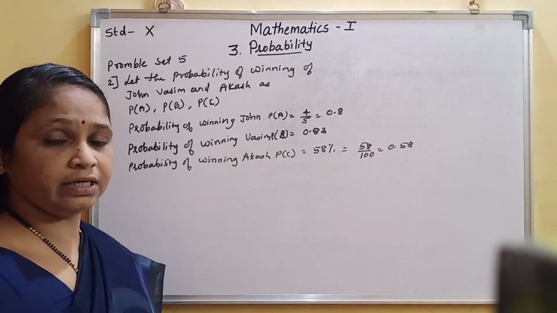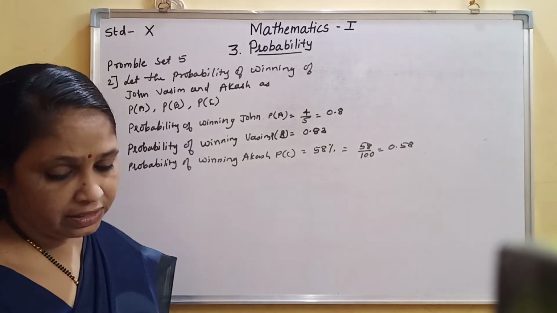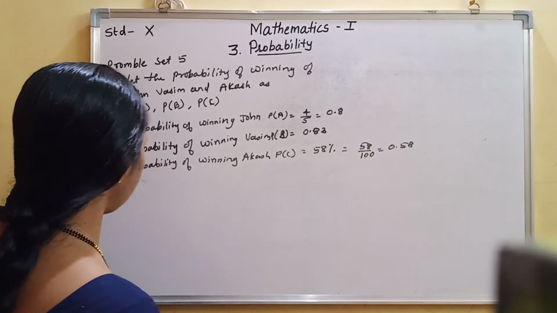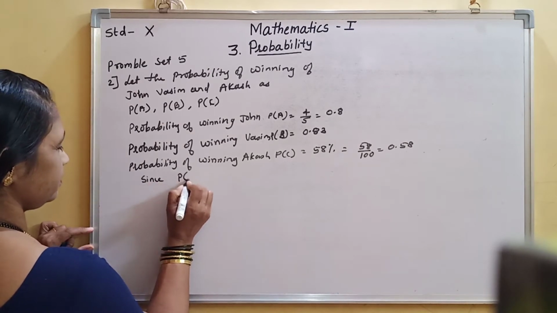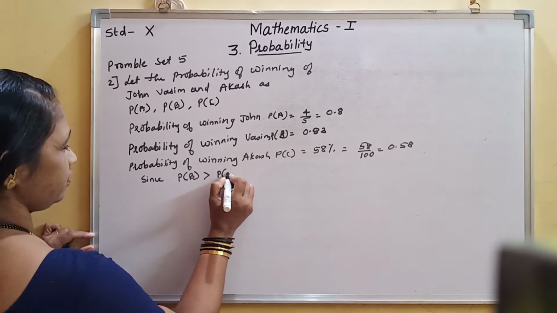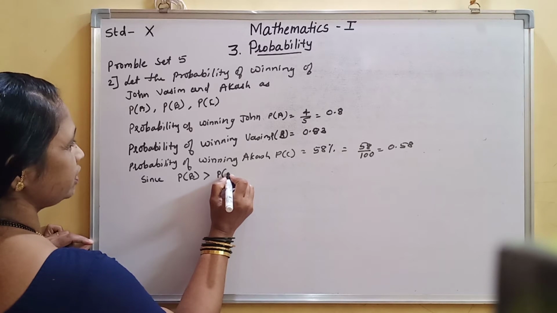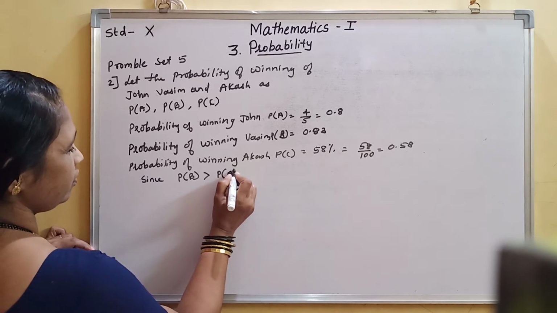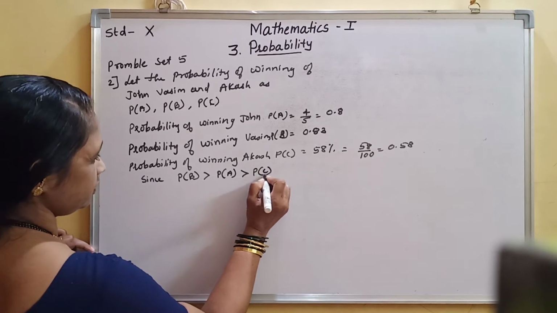So whose probability of winning is more? Yes, of Wasim it is more. So how can we write it? Probability of Wasim, then probability of John, then probability of Akash.